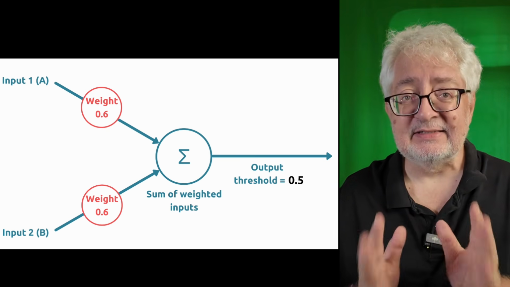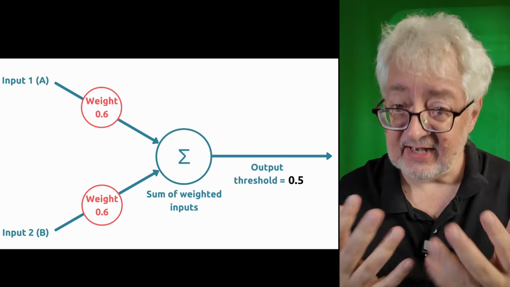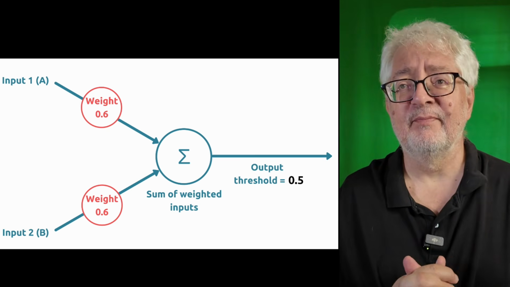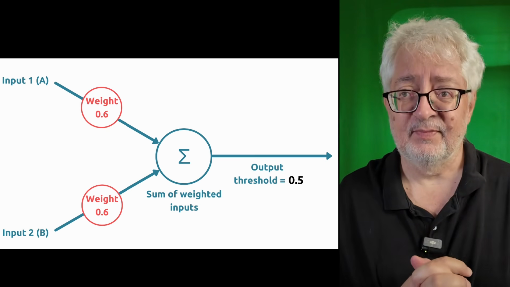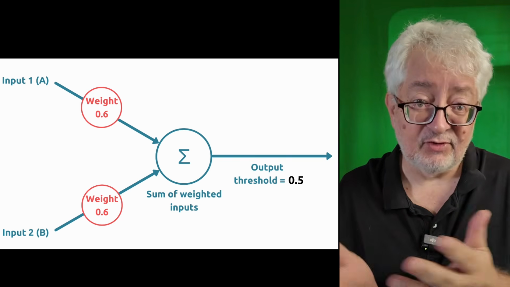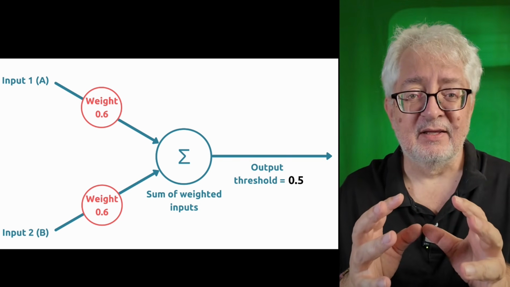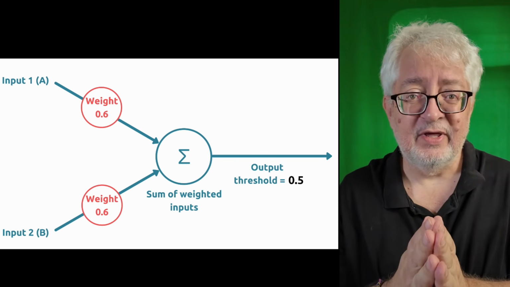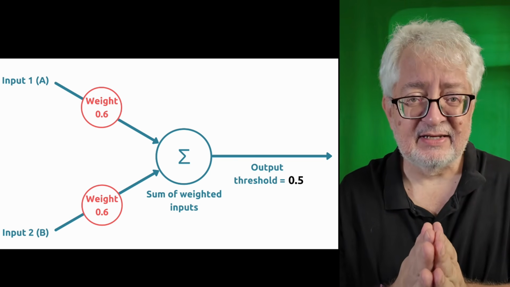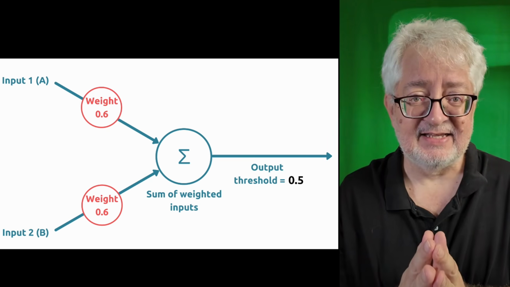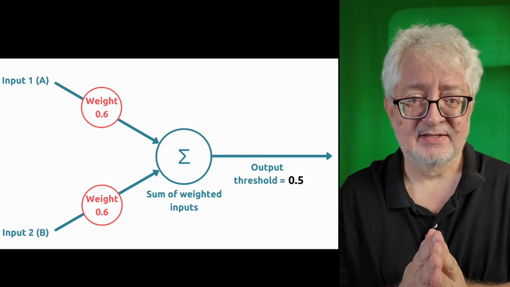But this is much more powerful, and we will see later why it is much more powerful than a normal computer. And I give you a hint now, because it can deal with inputs that are not precisely what it expects.